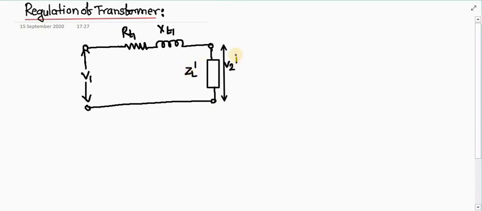So in this approximate equivalent circuit, what is your RT1?